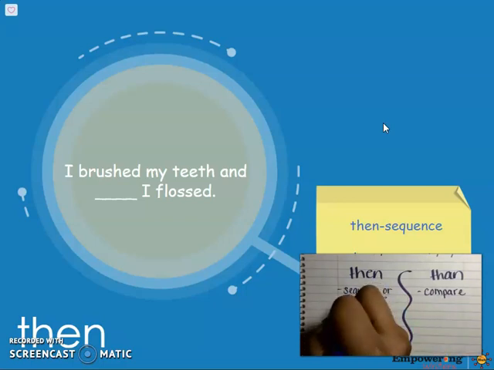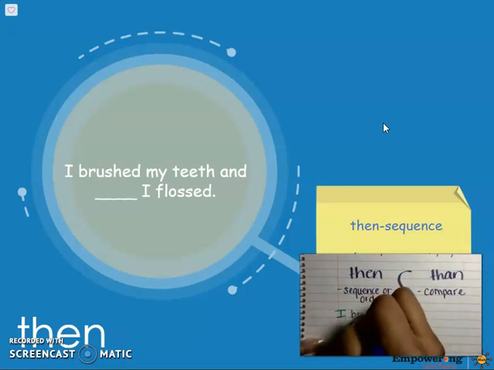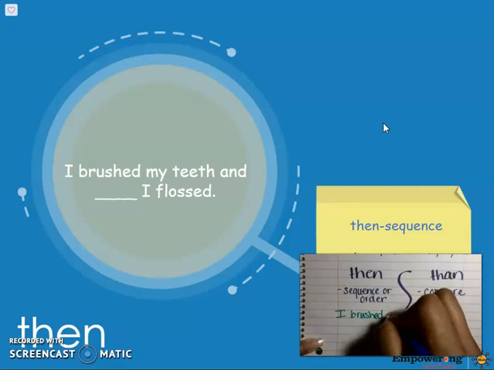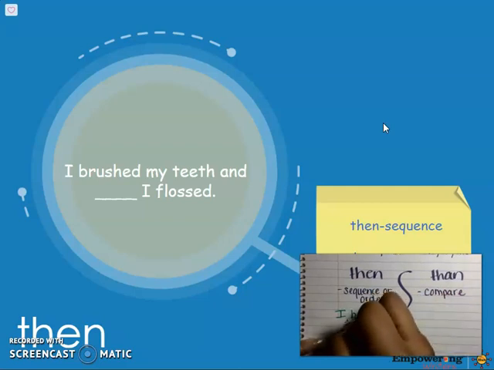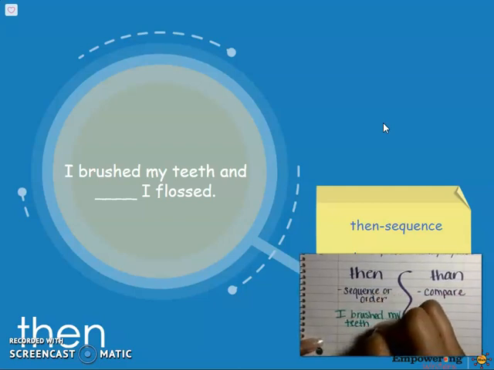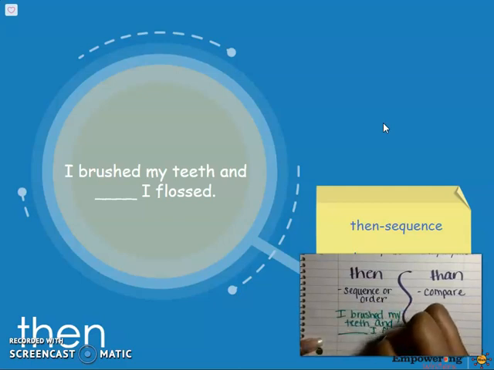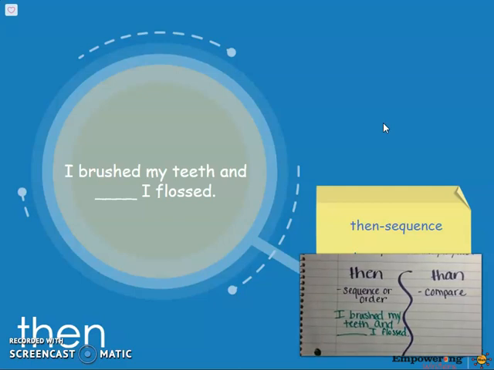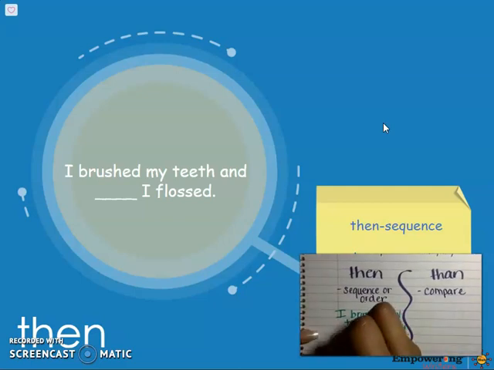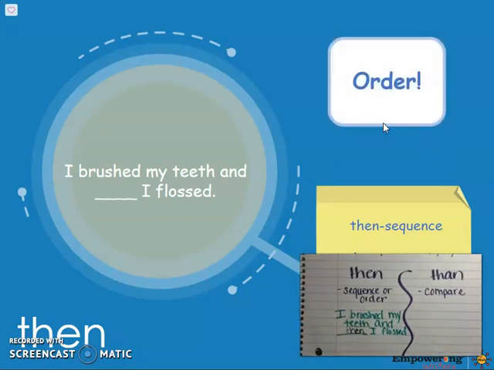I want you to go ahead and write that example here. And this should be then, T-H-E-N, because we're talking about order. Brush your teeth first, and then after that, you flossed.